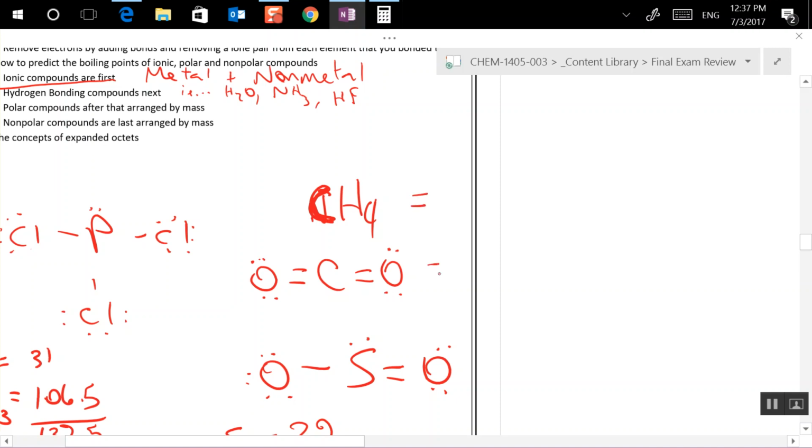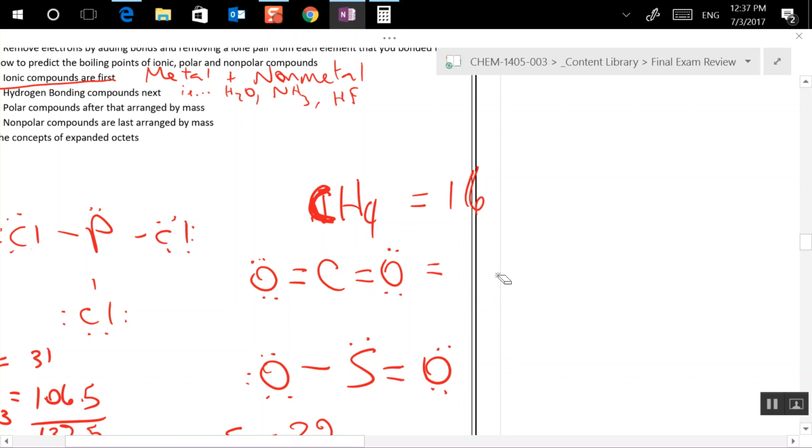Okay, so let's find the masses of these. Which one's heavier? Carbon and 4 hydrogens, which is 12 plus 4, 16. Or 2 oxygens, which is 32, plus 12, which is carbon, right? 32 and 12, I get 44.